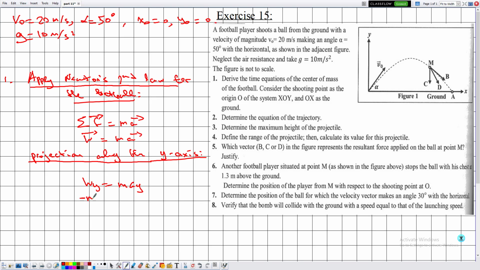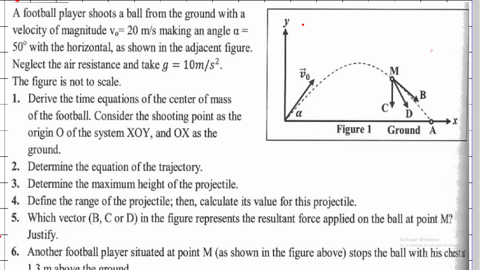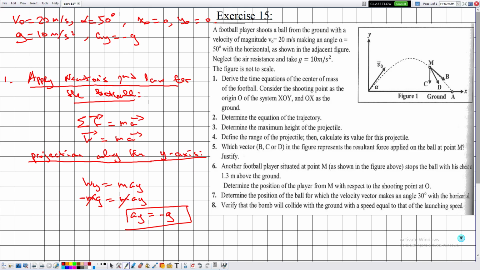In this case we have minus mg is equal to may, which means that ay is equal to minus g. Why minus g? Because simply the weight is pointing downward and the positive y direction is upward.